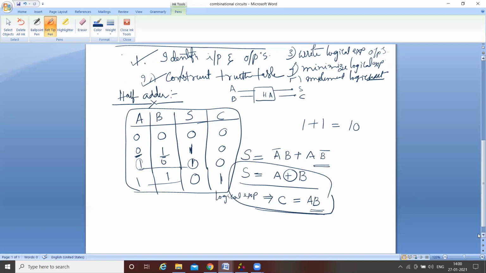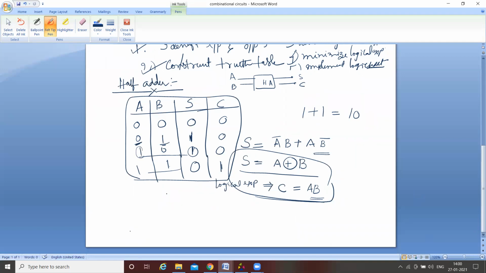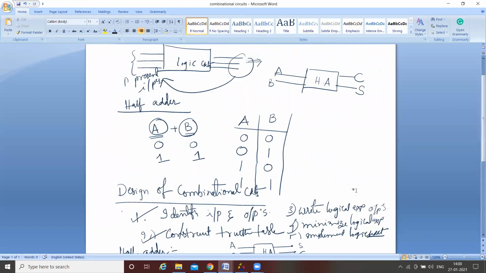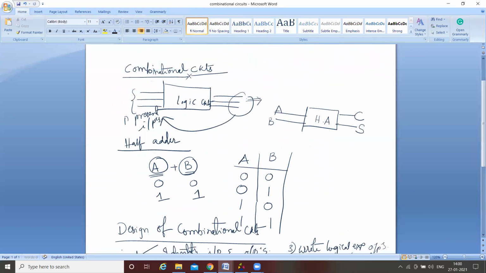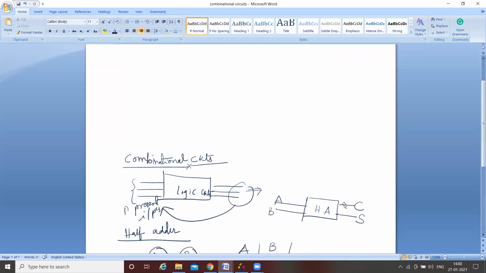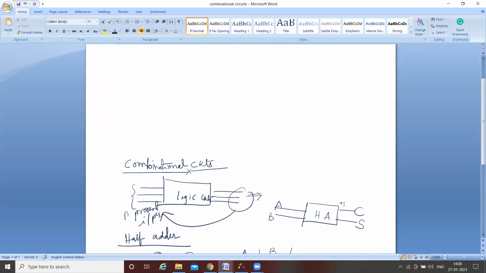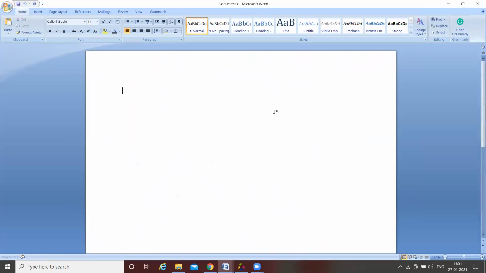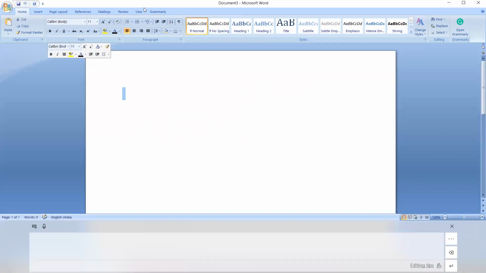Now, this comes under the implementation part.